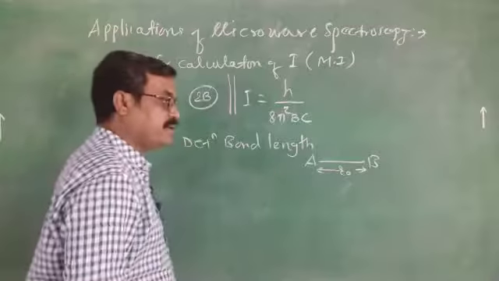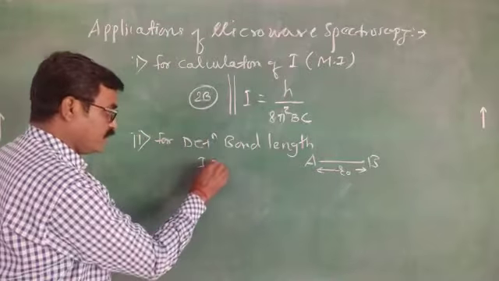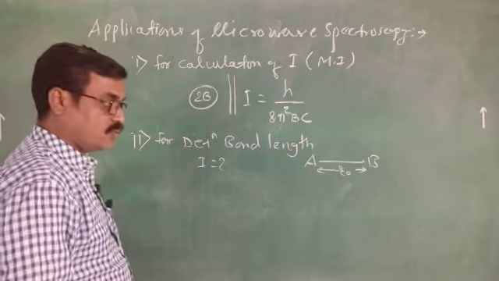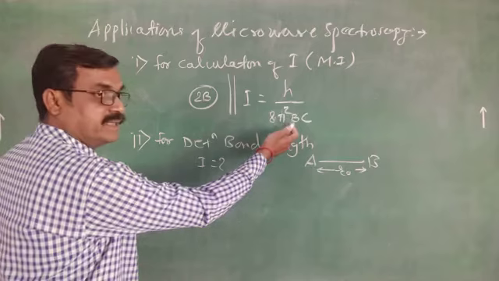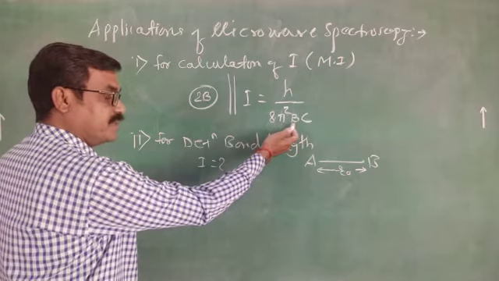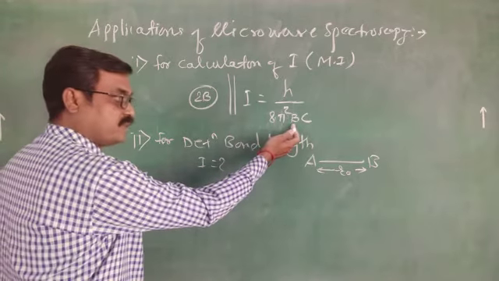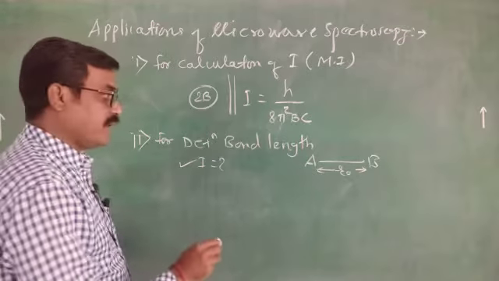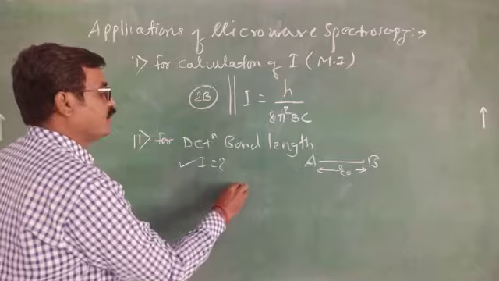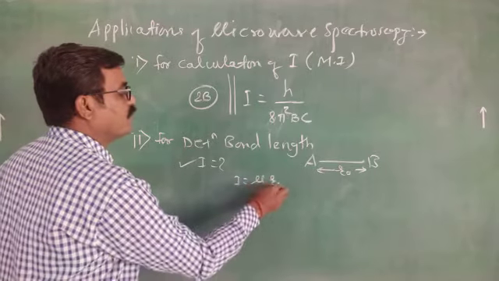Previously we saw how the moment of inertia is known to you. If you calculate the spacing between the absorption lines, then you know the moment of inertia I. Then again, you know one formula, I equals mu r0 square.